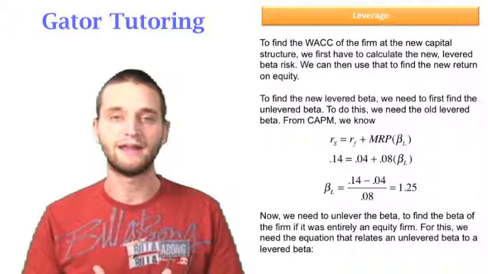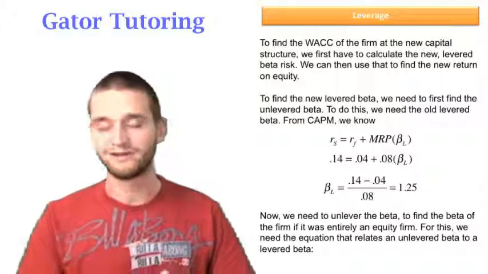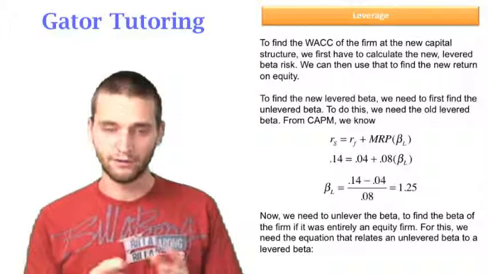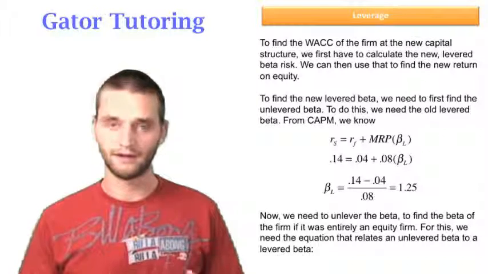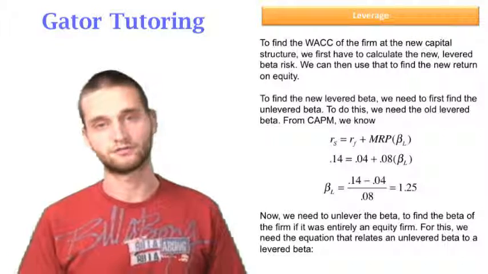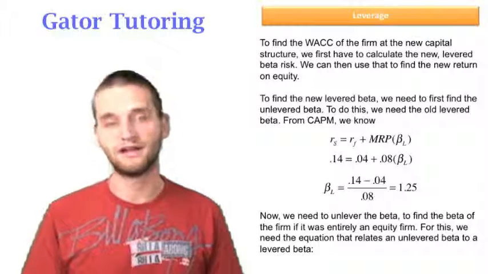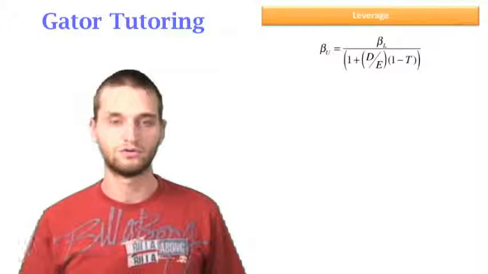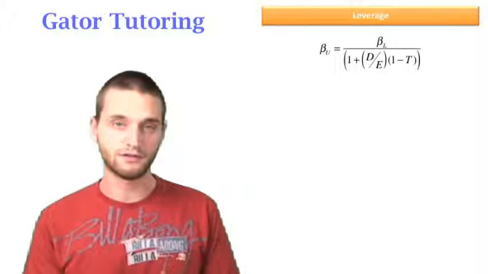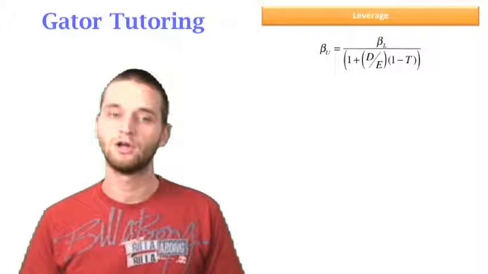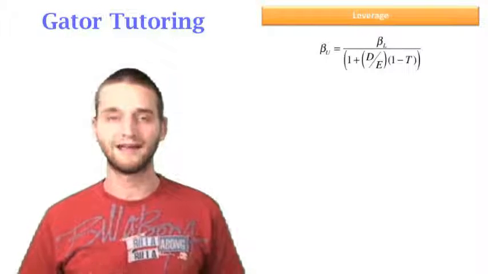So now we need to unlever this beta. We need to find the beta that would be if we didn't have any debt in our capital structure. Then we can use that to find the beta of the new capital structure firm, the new levered beta. For this, we need the equation that relates an unlevered beta to a levered beta, which is this one. The beta of an unlevered firm is equal to the beta of a levered firm divided by 1 plus the debt to equity ratio.